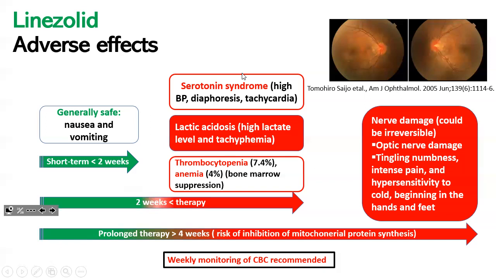Now the problem, if the patient receives linezolid for more than 4 weeks, here's a problem. The patient might go to irreversible neuropathy. And this could affect any small nerves in the body. For example, the patient might get optic nerve damage, and might end with blindness.